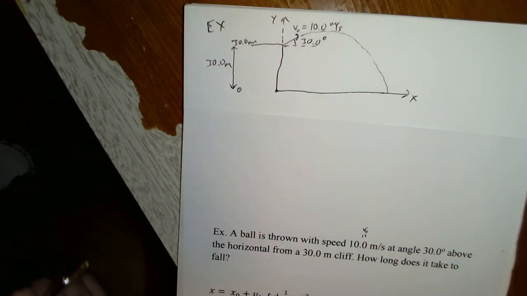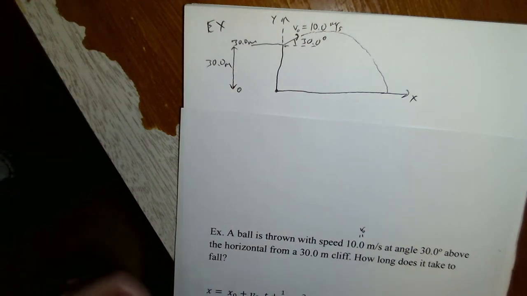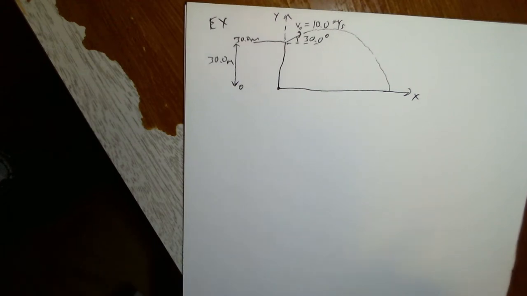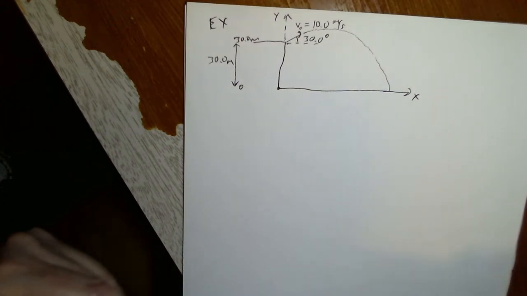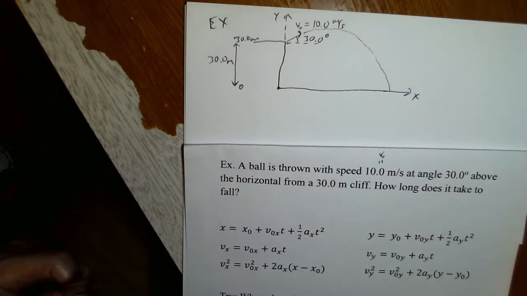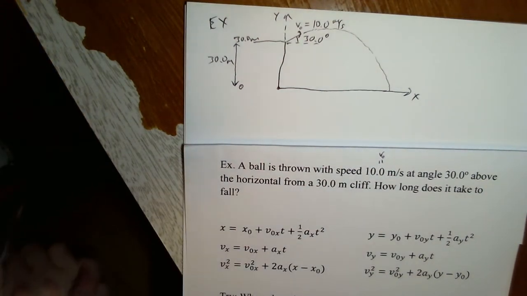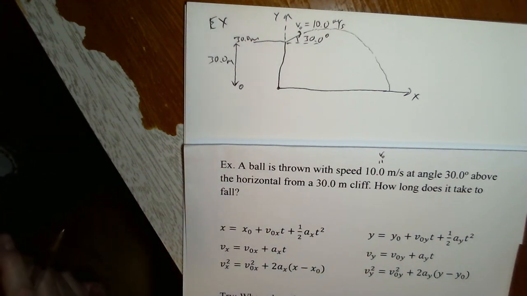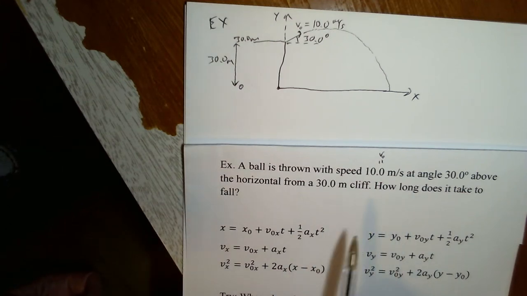Okay. Now, I want to find out how much time it takes to fall. And so I'm going to look at my 6 equations. And I'm going to think for a minute. Okay, I spent a minute thinking and really remembering, because I've done this problem many times. First of all, to find out how long it takes to fall, I don't need the x equations at all, right?